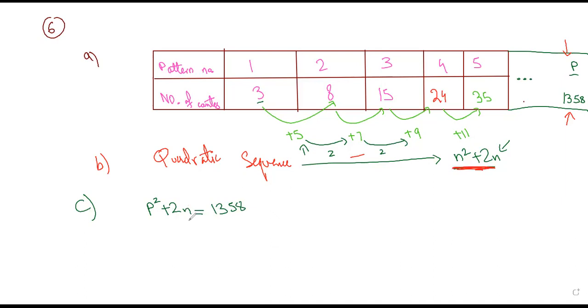So when we have P, it should be P square plus 2P equals this. We will find the value of P by this. Basically it is a quadratic equation. So can you guys use the quadratic formula or your calculators directly and find the value of P quickly, please? Okay, just take 1 minute and tell me the answers. P would have two values, and just tell me those values.